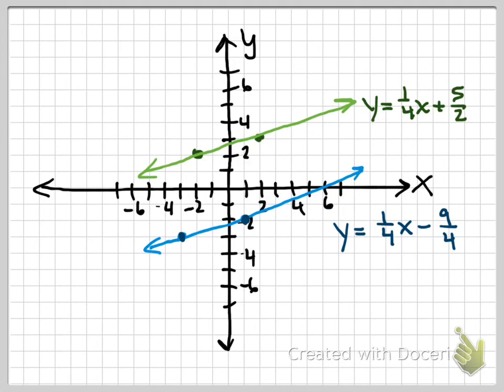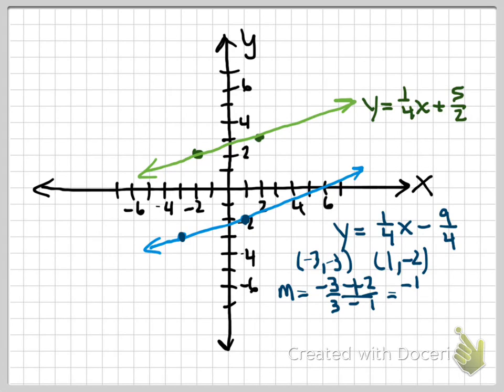The blue one? Yeah. So our 2 points were -3, -3, and 1, -2. So first I'm going to figure out slope. Subtract, and that makes it a plus on top, so I get -3 over -4, and that gives me a positive 1/4.